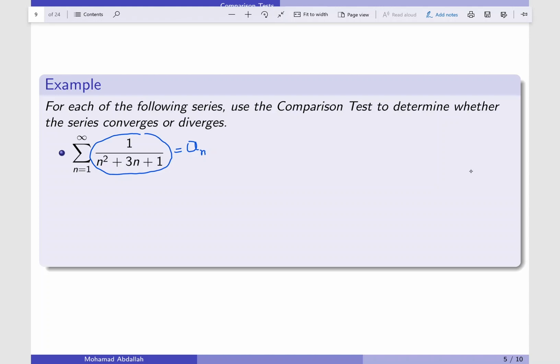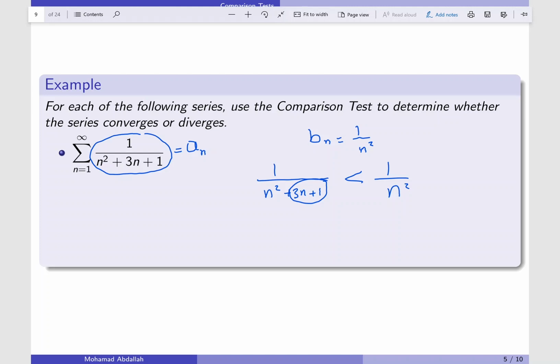So why don't we choose bn to be 1 over n squared? Notice something: n squared plus 3n plus 1. Remember here that n takes values from 1 to infinity, so n is always positive. So this is some positive quantity. You are making the denominator bigger, so the fraction becomes smaller.